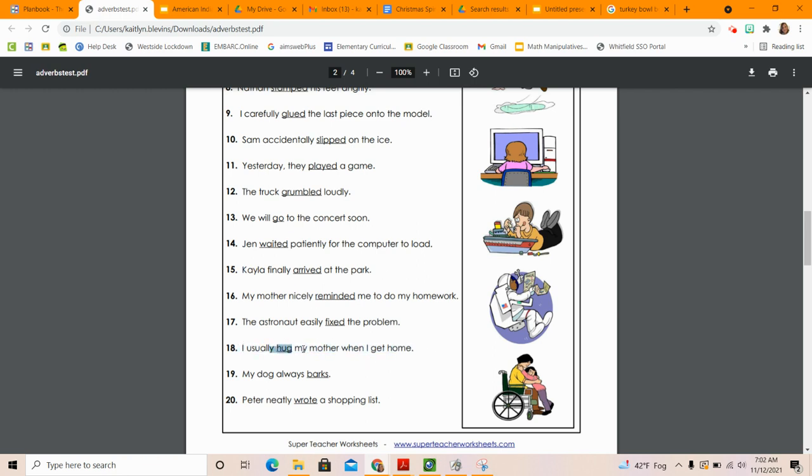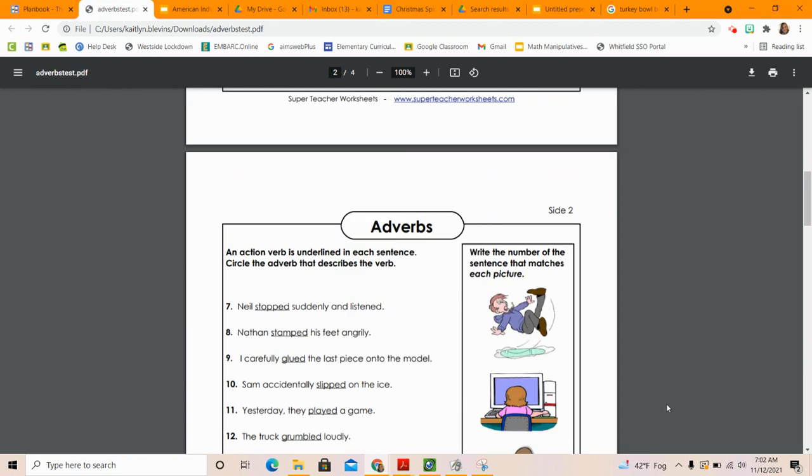Hug is the verb. What's the adverb? 19, my dog always barks. Barks is the verb. What's the adverb? Circle the adverb. 20, Peter neatly wrote a shopping list. The verb is wrote, so what's the adverb? Which one describes how he wrote?